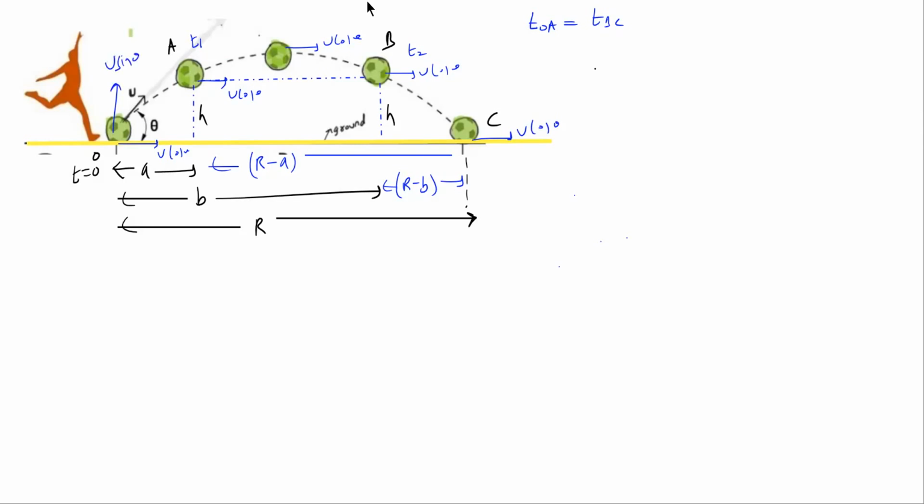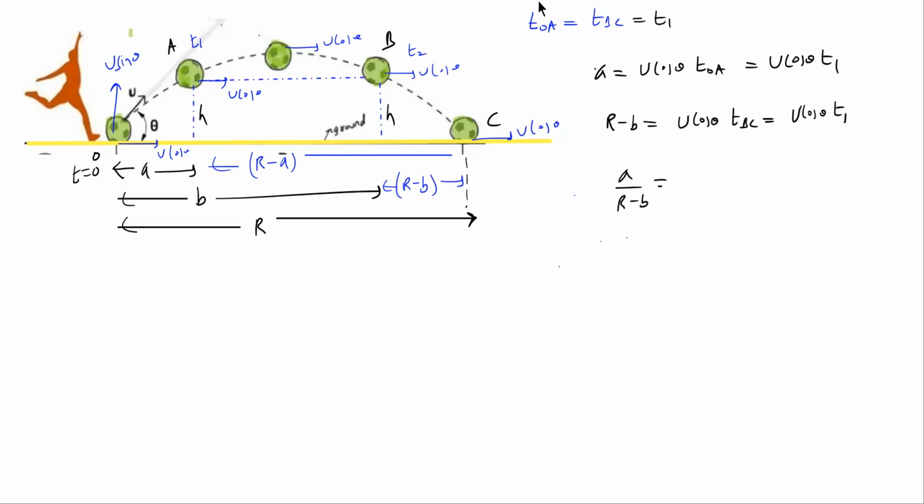Let's define the distance A. Distance A should be equal to U cos theta into T1, the time taken to move from O to A. Similarly, the distance R minus B is U cos theta into TBC, and TBC is equal to TOA, which is T1.